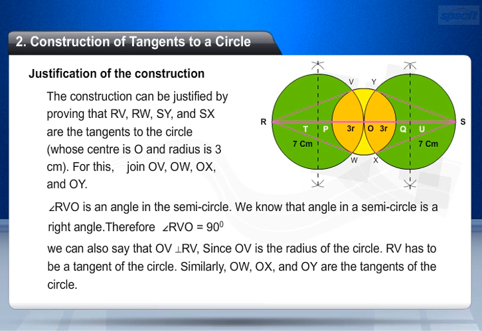OY is the radius of the circle, and angle SYO is an angle in the semicircle. Therefore, OY is perpendicular to SY, thus SY has to be a tangent to the circle. Thus RV, RW, SY, and SX are the tangents to the circle. This justifies the construction.